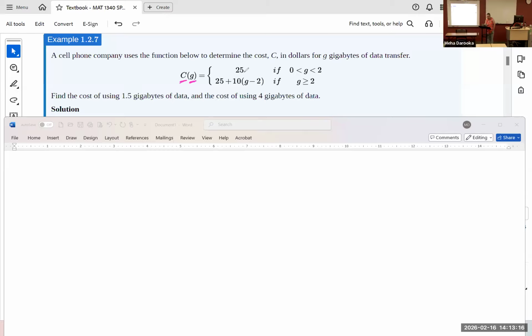So they are telling you the cost will be $25 if we are using between 0 and 2 gigabytes, right? So if you used 0.1 gigabytes to, let's say, 1.9999999, you will be paying a fixed cost of $25.